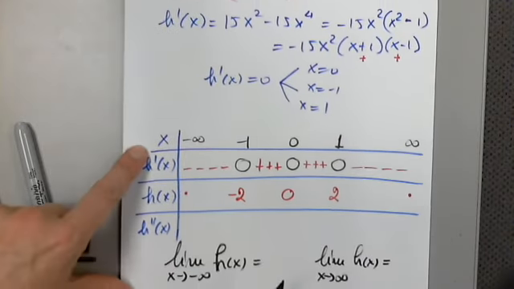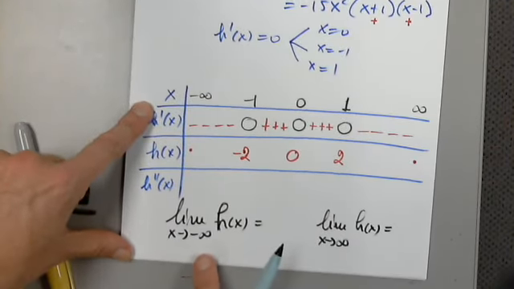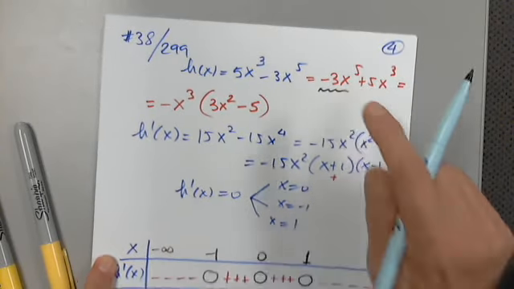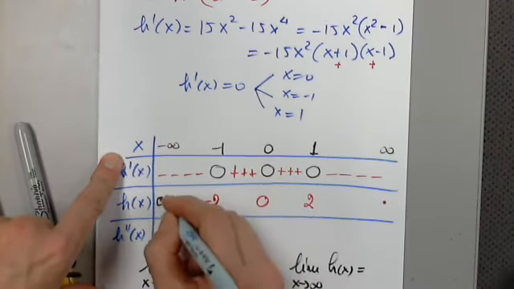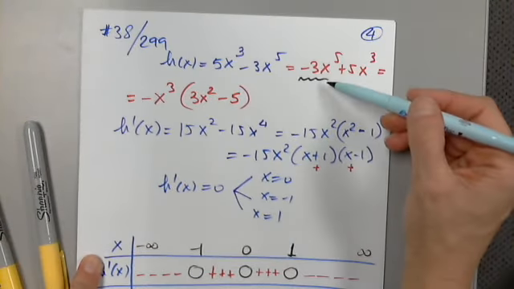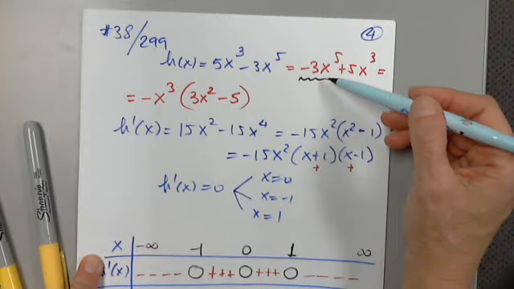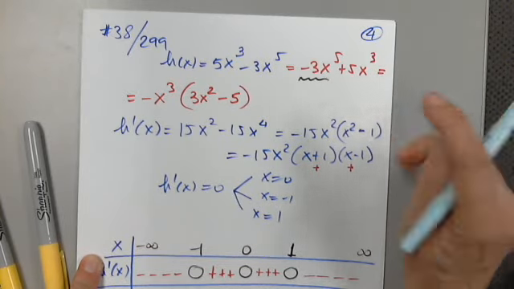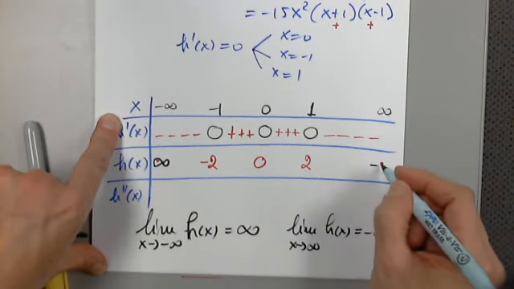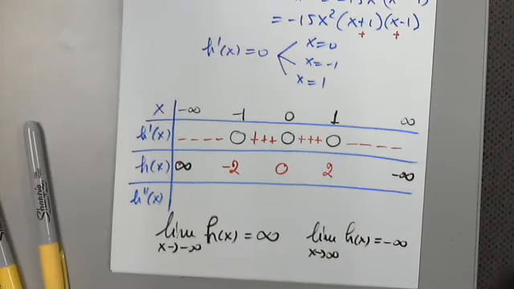Okay, so when x approaches negative infinity, where does this go? Correct. When x approaches infinity, where does this go? We agree? Because this is infinity times negative 3. So negative infinity. Perfect.